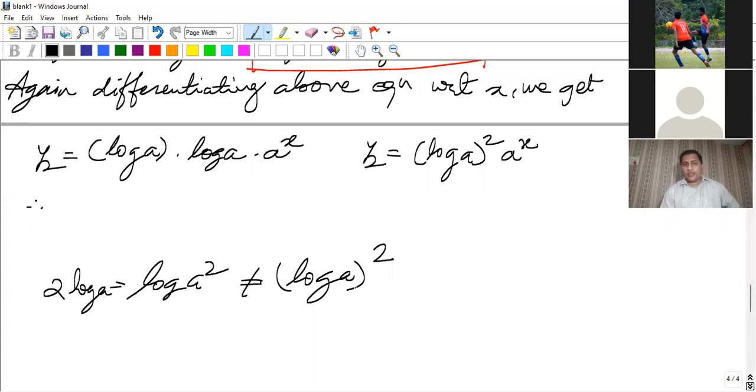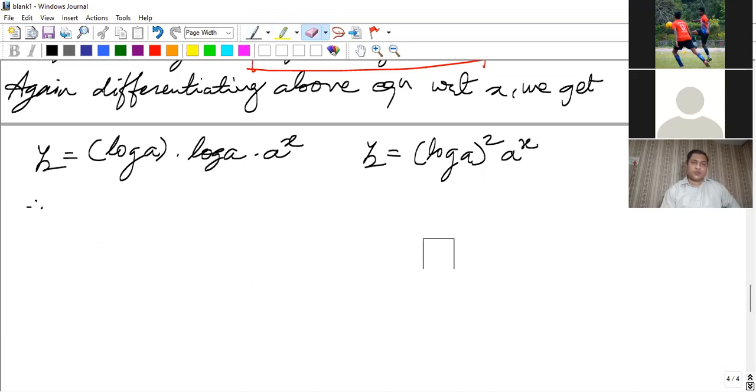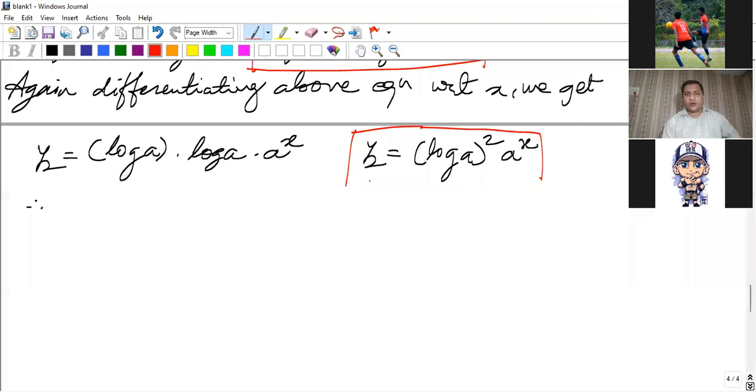You can check this with the help of any number. It is easy to verify that 2 log a is not the same as log of a bracket square. This is the second order derivative.